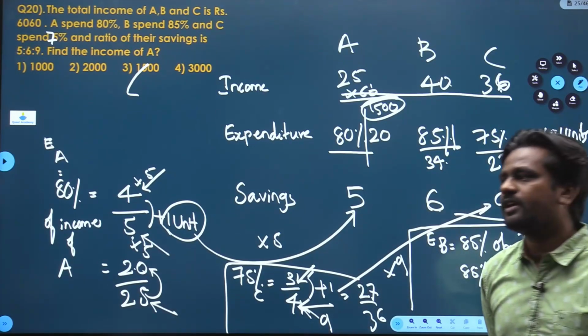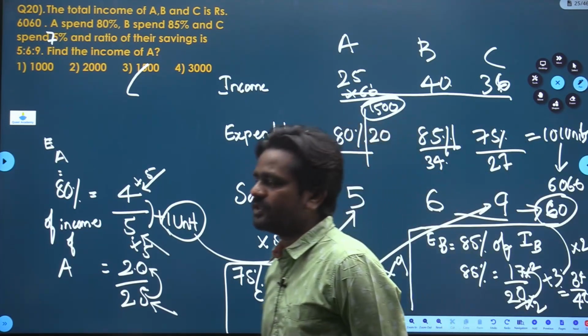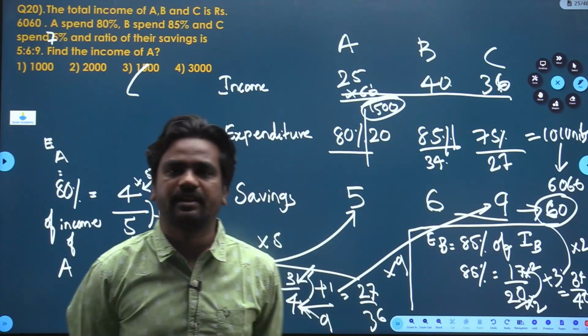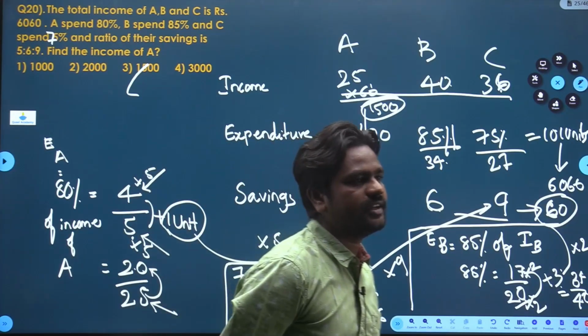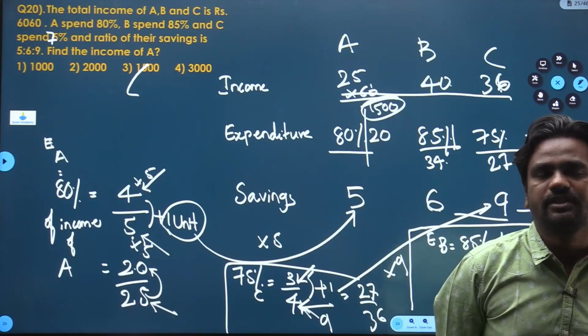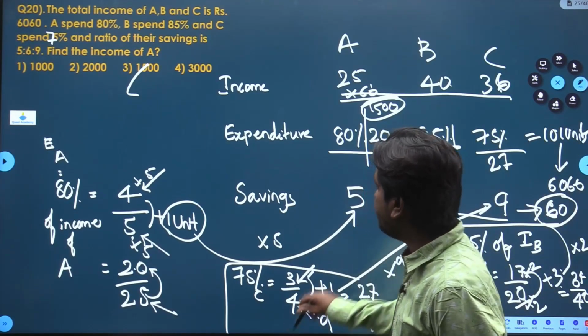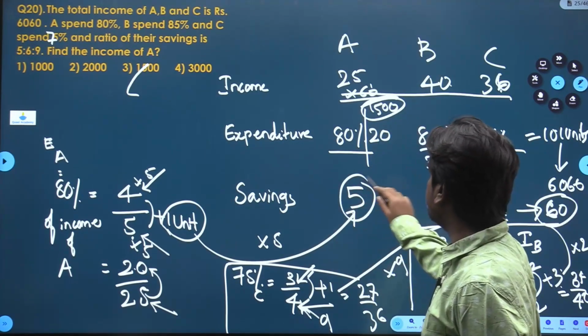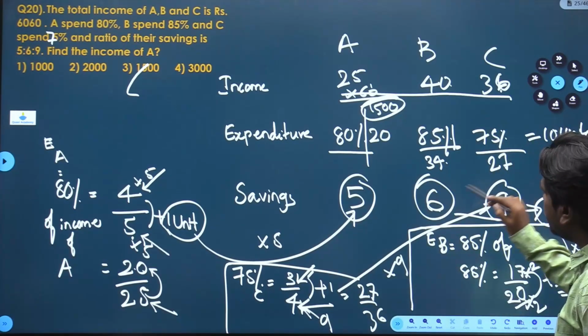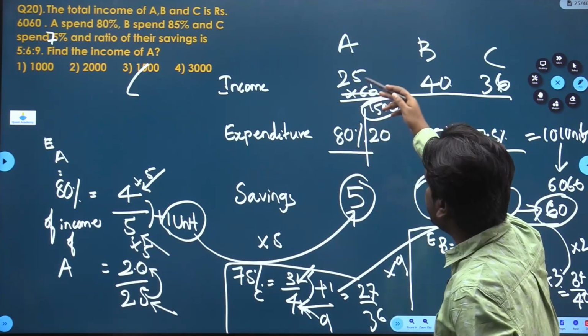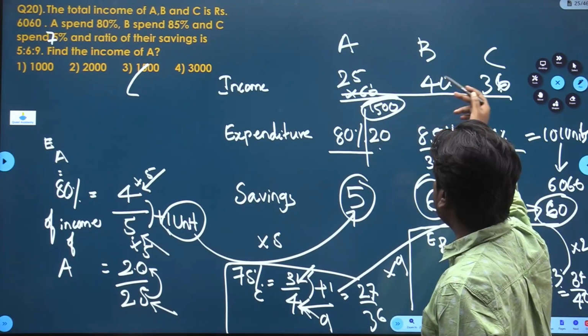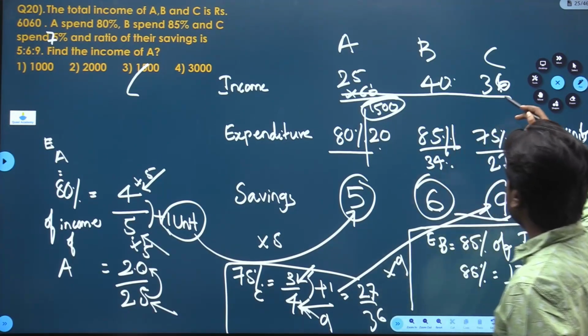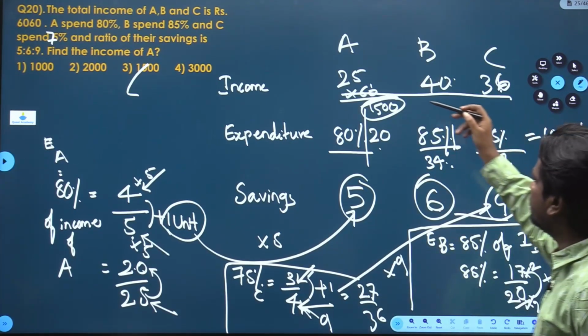So here what we are doing is, from the fraction we assume the denominator as income and the numerator as expenditure. Income minus expenditure is savings. We make that savings proportional. Then we found the denominator 25 and numerator 20, denominator 40 and numerator 34.